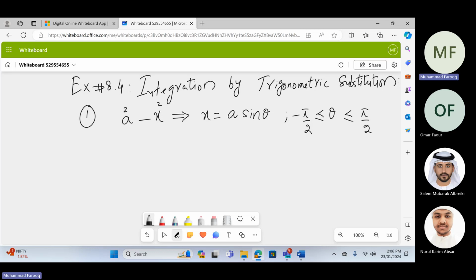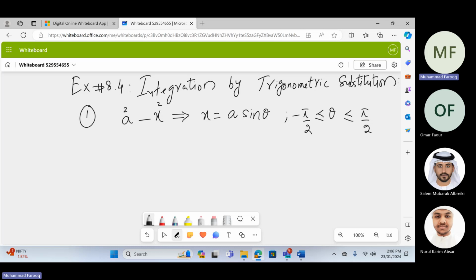We need this interval because you have to decide when you have absolute value. So check the behavior of the function. If you have sine as a substitution, check from minus pi by 2 to pi by 2.